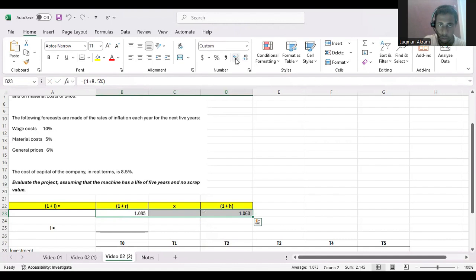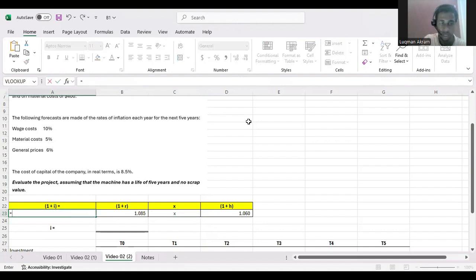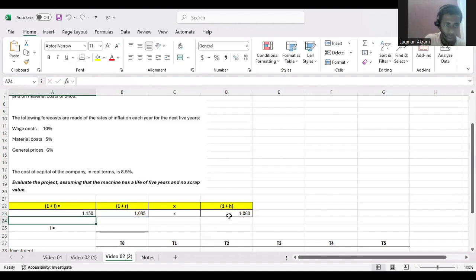Let's put the decimal numbers here for clarity, and now we can find 1 plus I. 1 plus I would be 1 plus R multiplied by 1 plus H. Sorry, my mistake. And here you go, 1 plus I is 1.150.